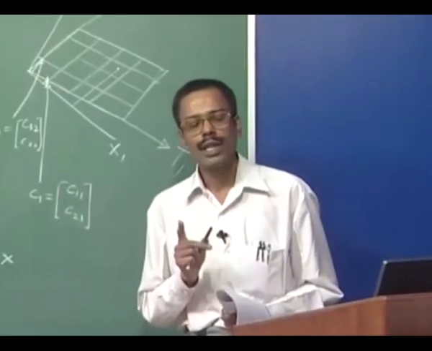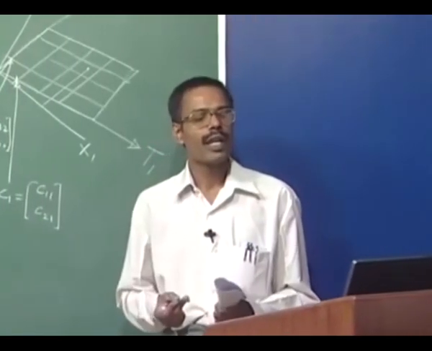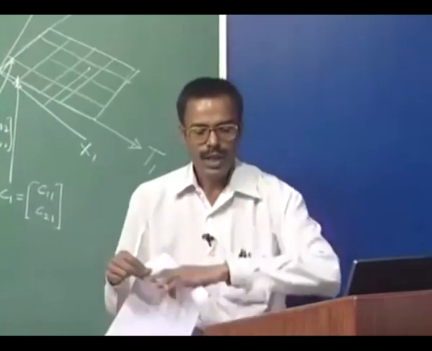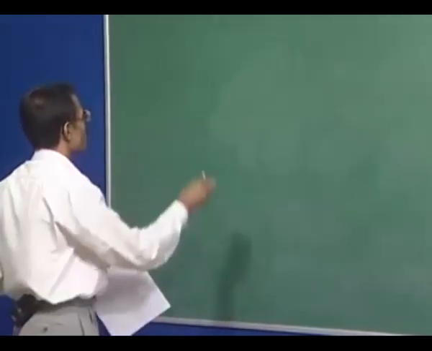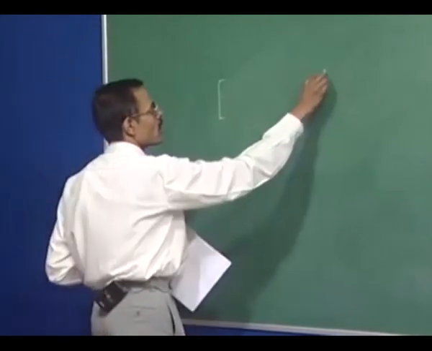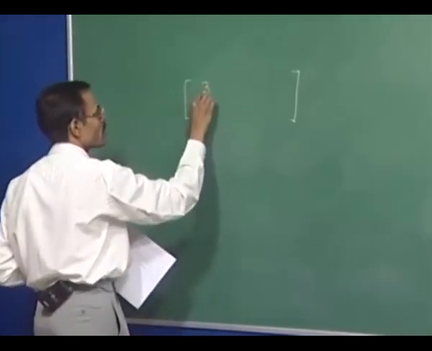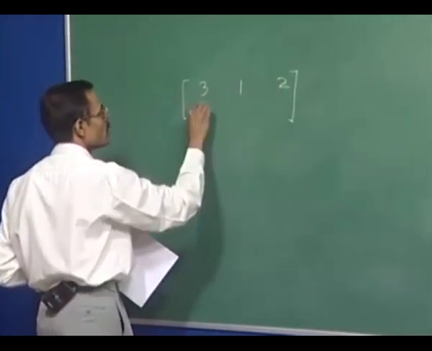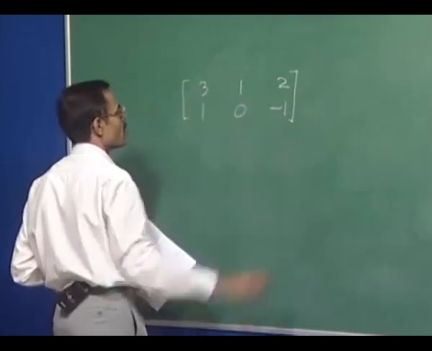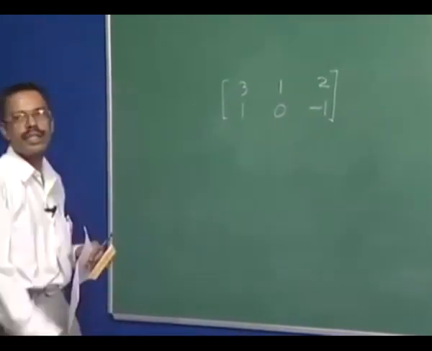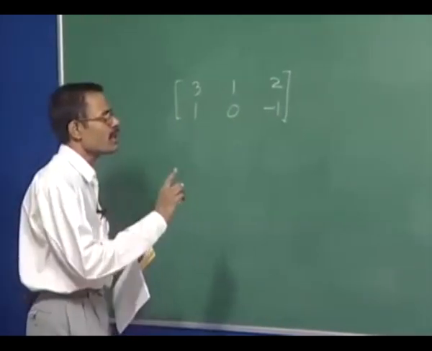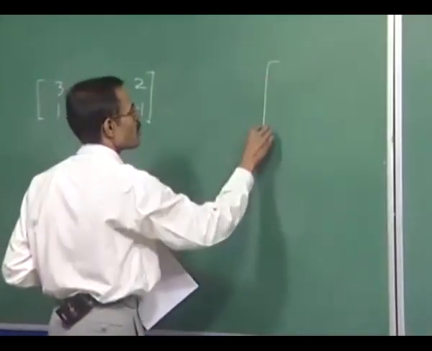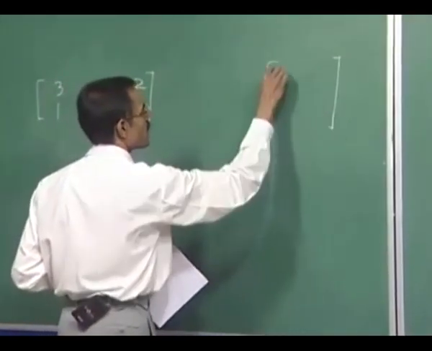There is one very interesting way of looking at an elementary transformation. Let us do that with a small example. What we do here is that we take this matrix 3 1 2 1 0 minus 1 and apply a linear transformation, an elementary row transformation to it, and the same elementary row transformation we also apply to an identity matrix.